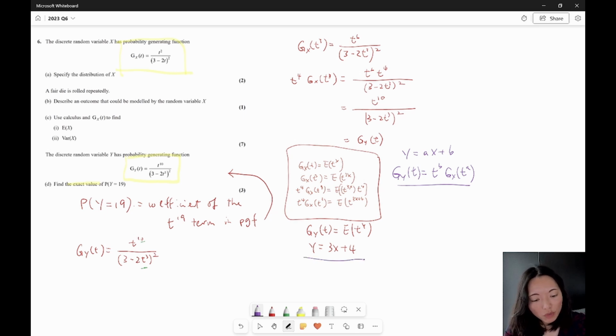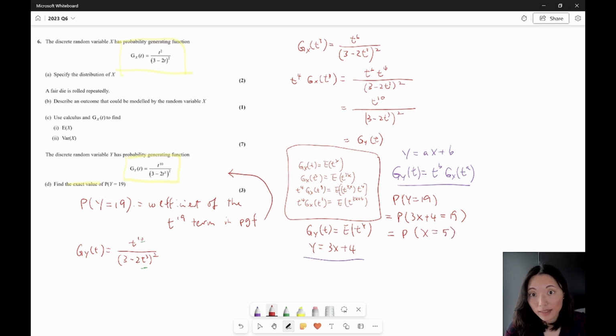Now, we've got this expression y equals 3x plus 4, which is very useful. So now, instead of working out the probability of y equals 19 or the coefficient of the term t to the 19 in the Taylor expansion of the PGF of y, we can actually work out a simpler probability. Y equals 19 is 3x plus 4 equals 19, because 3x plus 4 is y, and that means x equals 5.